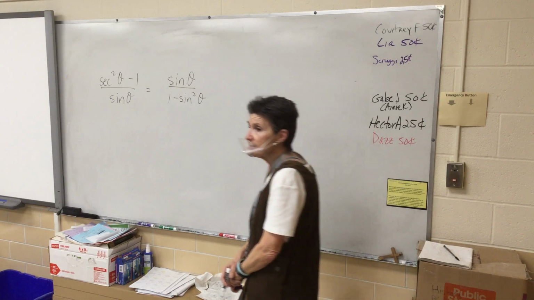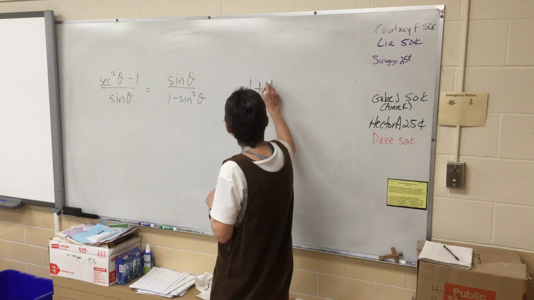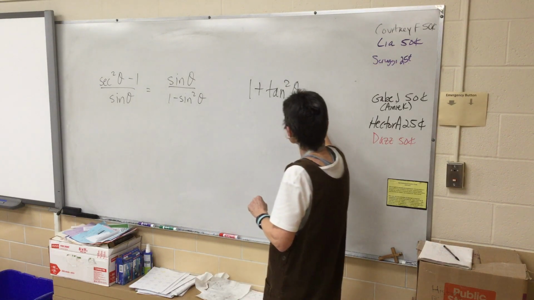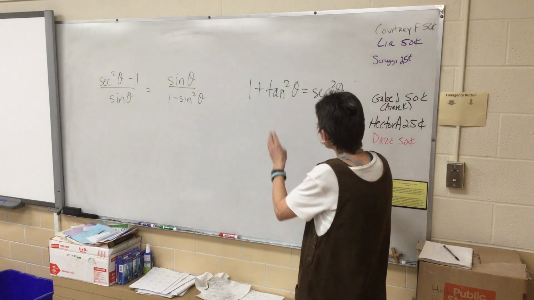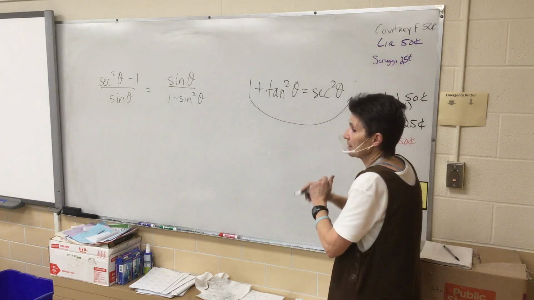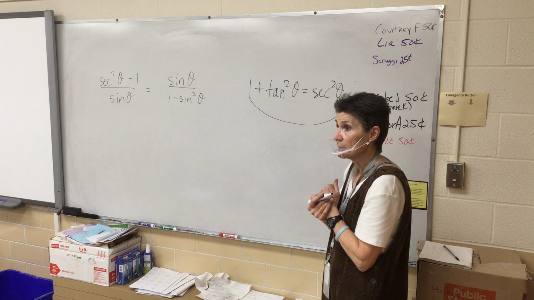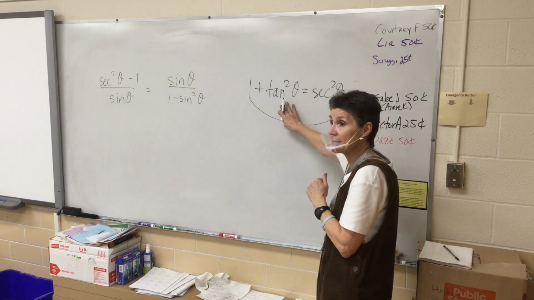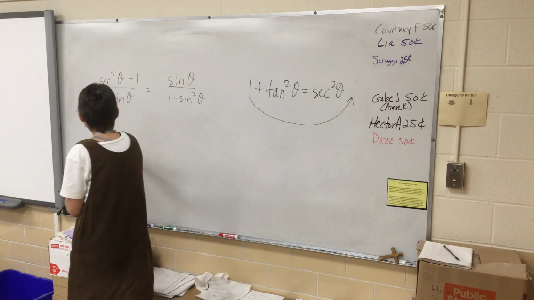Hopefully it does. Not that you necessarily have that memorized, but don't you have this memorized? 1 plus tangent squared is secant squared? So if you take that equation and move the 1 over here, then you would have secant squared minus 1. And what does secant squared minus 1 equal? Tangent squared.